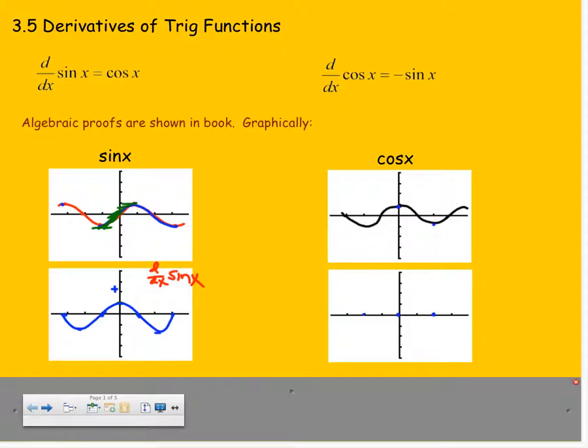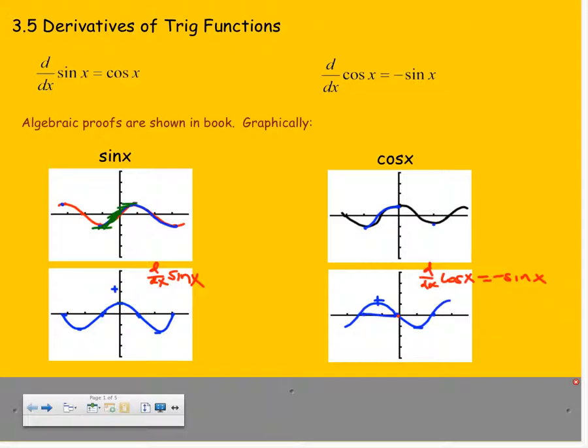Max or min is 0. So from here to here, I'm increasing. So that means from here to here, I need to be positive and then negative, etc. And so when I graph that derivative, what you'll notice is that it looks like sine, only isn't sine supposed to start at the origin and then go up? This one goes down. And so you'll notice that the derivative of cosine ends up being negative sine of x.